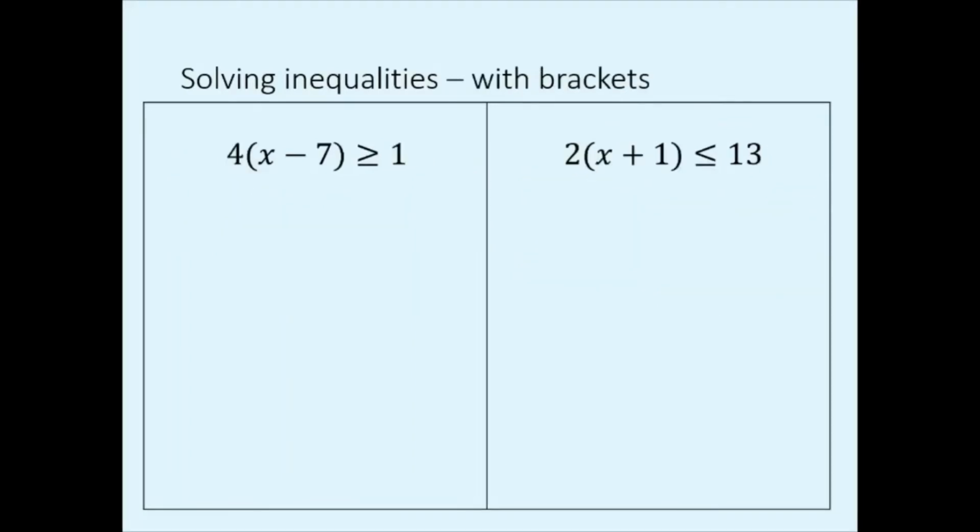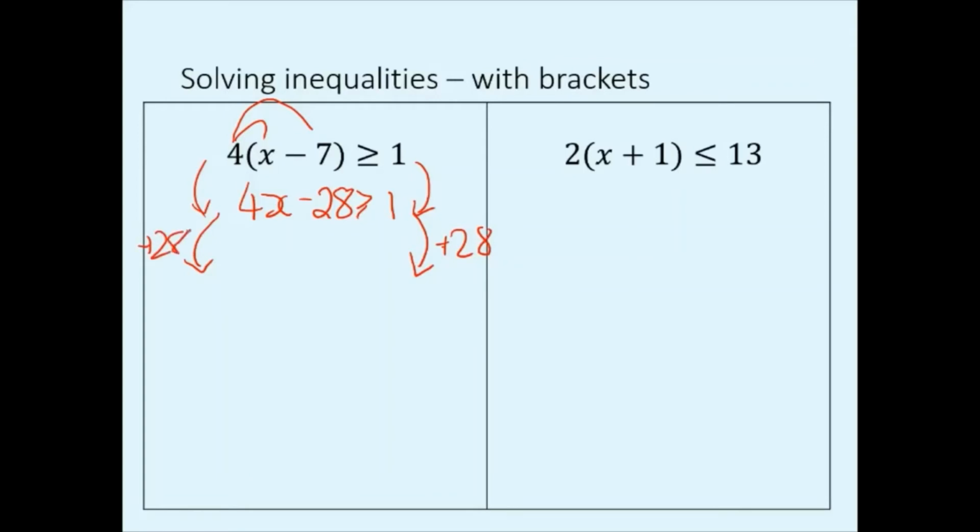If you're working with brackets, same process, but I'm just going to start by expanding my brackets. That's my 4 times x. My 4 times minus 7 is minus 28. It's greater than or equal to 1. I've not changed it in any way. I've just expanded the brackets. Here, I'm going to add 28 on both sides.